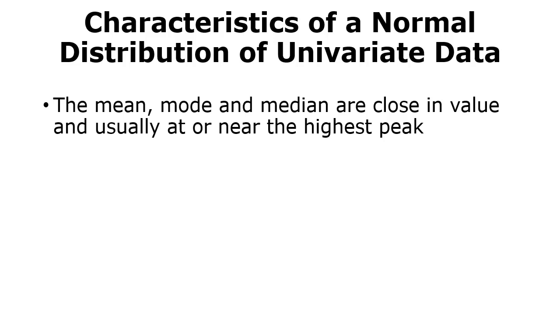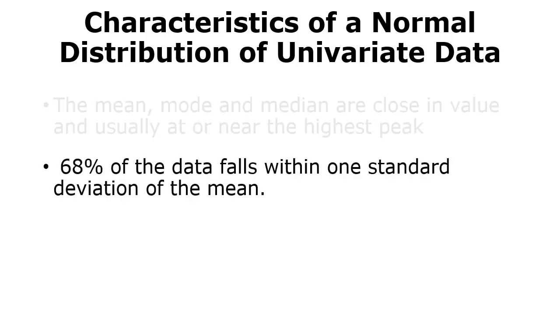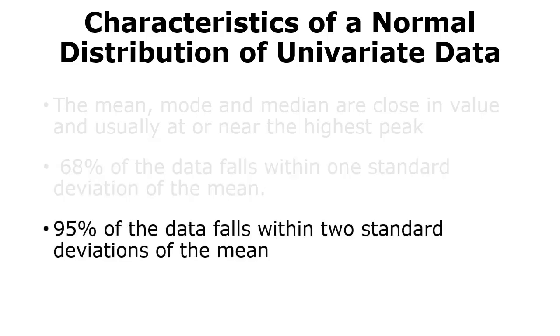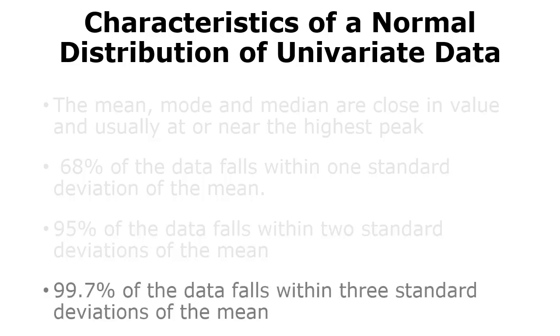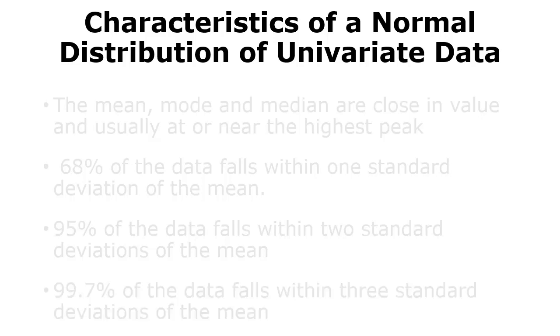Sometimes distributions have more than one peak, but typically a normal distribution looks like the graphs that we've been seeing. 68% of the values of the data will fall within one standard deviation of the mean, 95% will fall within two, and 99.7% will fall within three standard deviations. So nearly all values would fall within no more than three standard deviations from the mean.